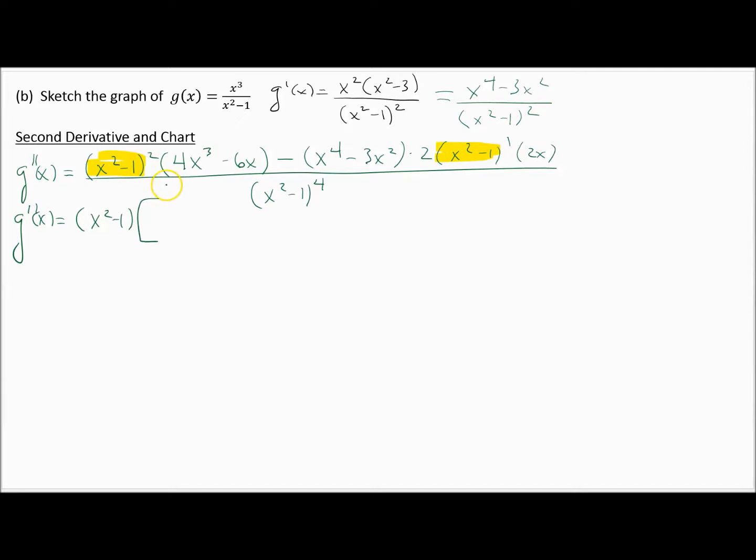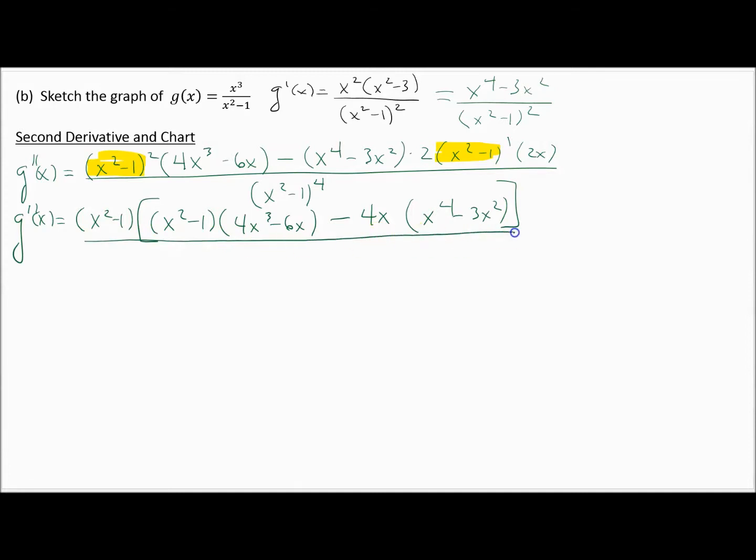I'm going to leave one of those inside, which is x squared minus 1, times this 4x to the third minus 6x, minus, now this 2 times this 2x is 4x, and I'm left with x to the fourth minus 3x squared, there, all over this x squared minus 1 to the fourth.